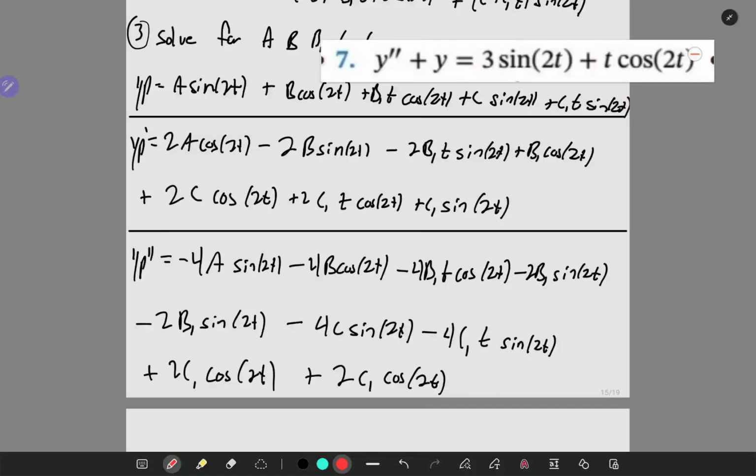Before I do anything, I'm trying to see if anything will cancel. These here combine. I'm gonna underline everything that would combine. C1 cosine, C1 cosine, C1 cosine, nope.